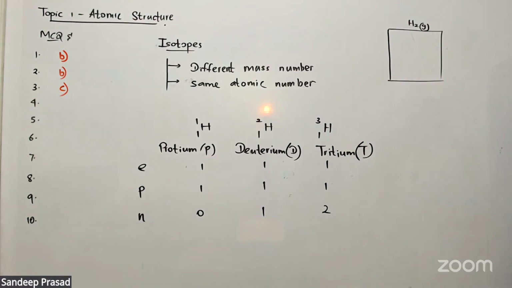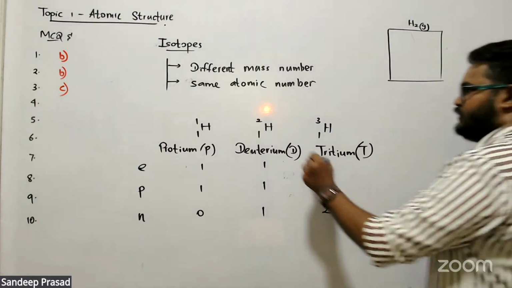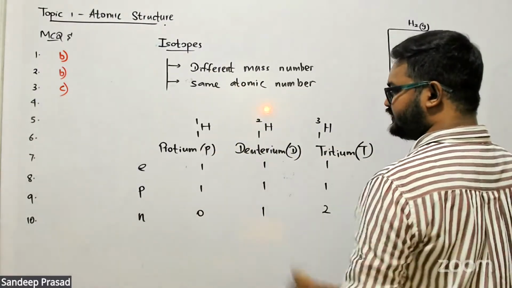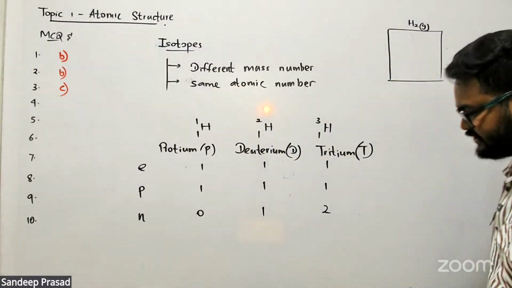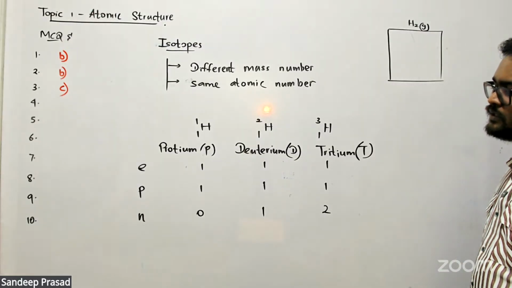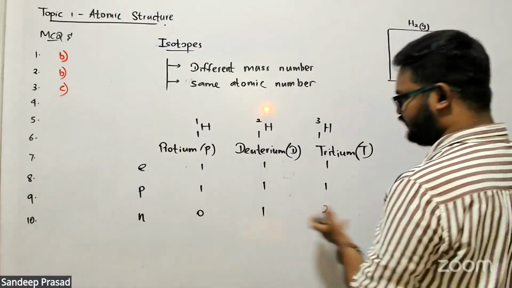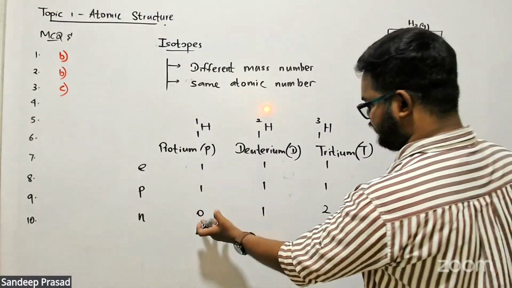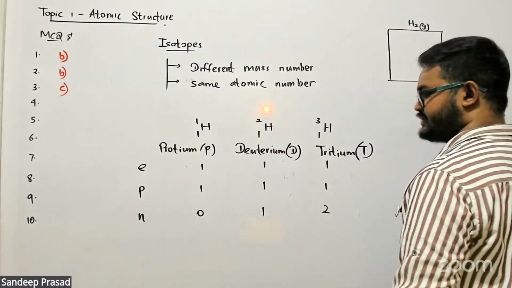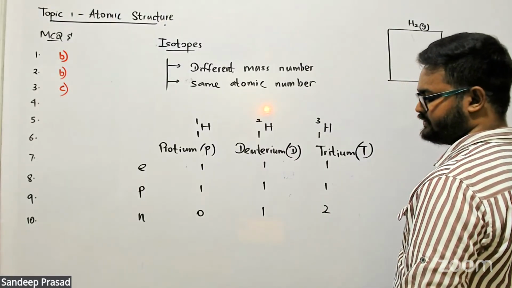Okay. Right. So now you can have the answer why they have different mass numbers, because of the different number of neutrons. 0, 1, 2. Number of neutrons 0 here, number of neutrons 1 here, and number of neutrons 2 here. Right.